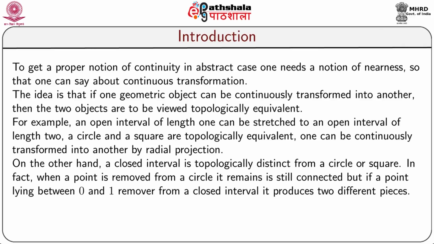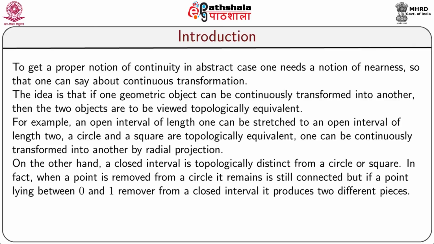For example, let us consider a circle. If we observe closely, that circle can be continuously transformed to a square or a triangle. So, they are topologically equivalent. Or let us consider an open interval of size 1. This open interval can be continuously transformed to another open interval of size 2.